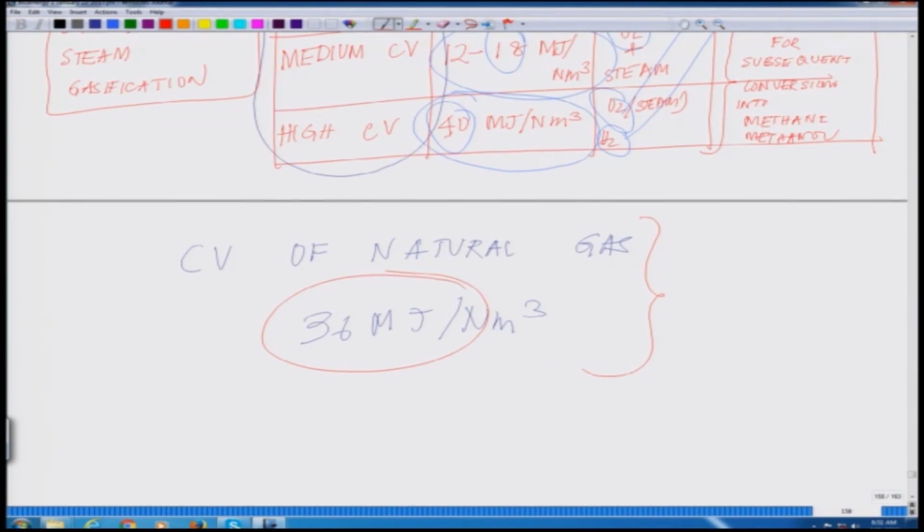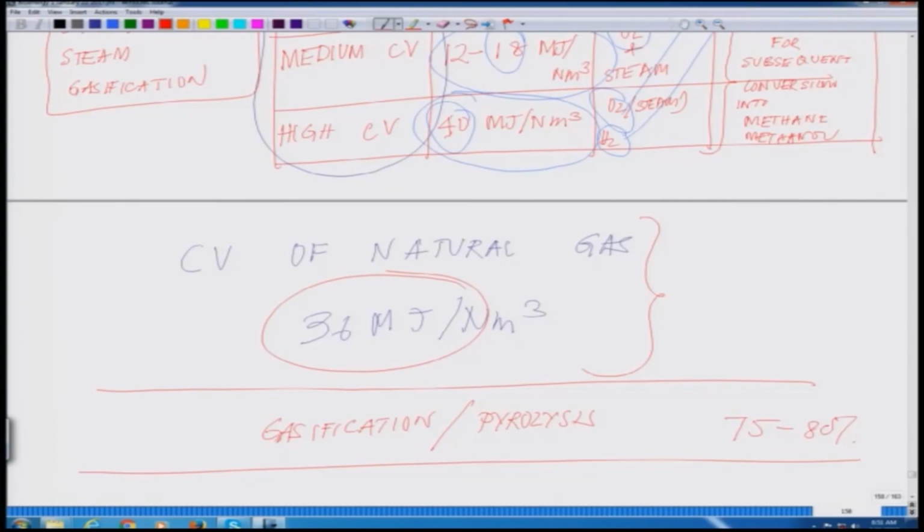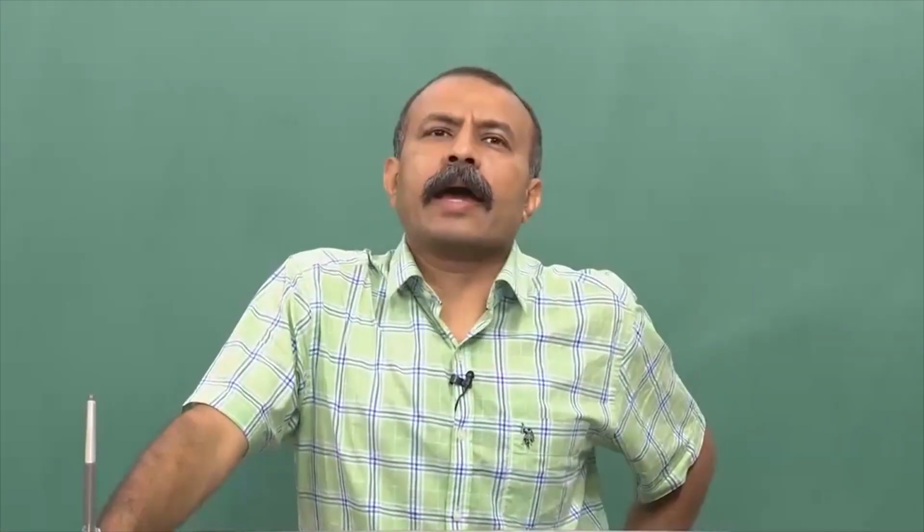So, the challenge is to consistently get something in between a medium and a high calorific value feed. If you look at the efficiency of conversion, what we did previously, the gasification slash pyrolysis, for both the techniques, the biomass conversion efficiency is around 75 to 80%. So, here is a catch.